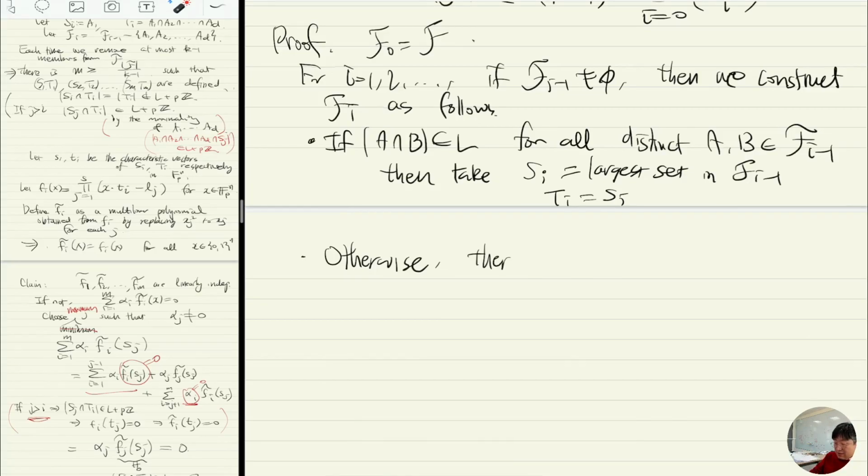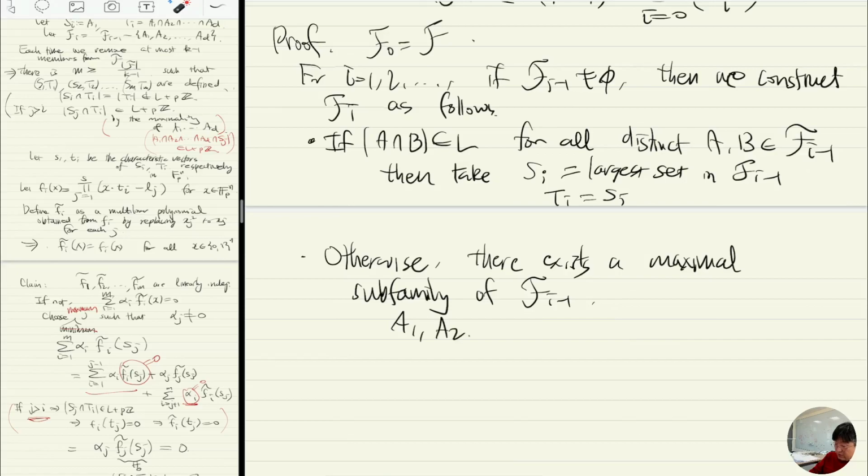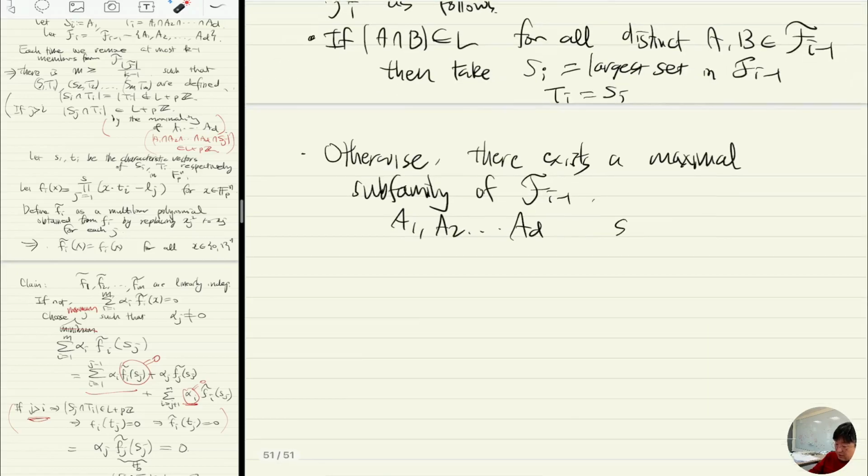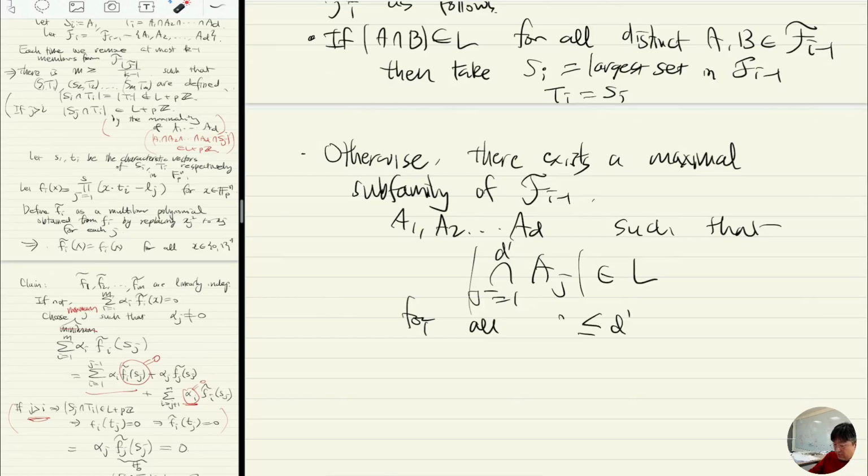Otherwise, there exists a maximal subfamily of F_{i-1}, let's say A_1, A_2, ..., A_d, such that the intersection of A_j, we cannot use variable i, let's say j, from 1 up to d' is in L for all d' from at least 2 to d.